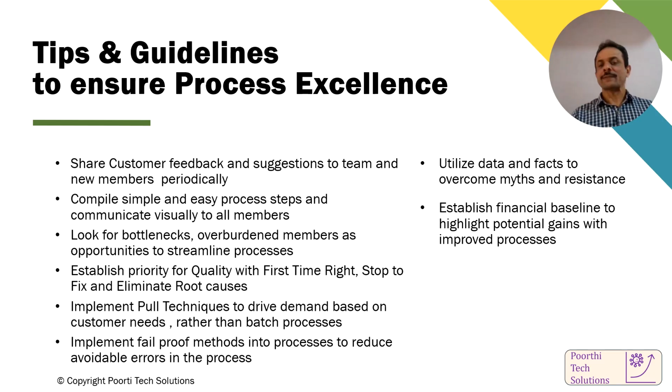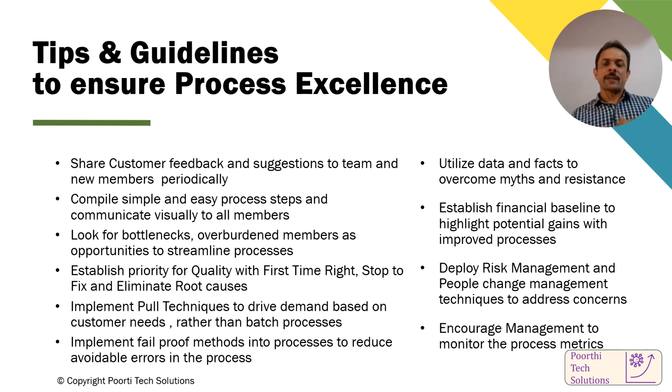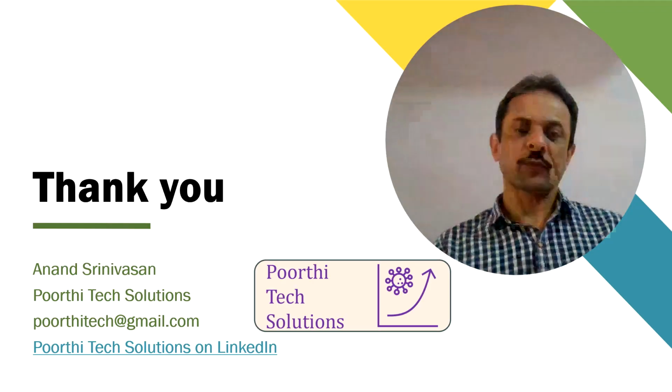Establish a financial baseline to highlight the potential gains, once we assign values to improved processes. Deploy risk management and people change management techniques to address concerns, and encourage the management to monitor the process metrics. So these are some additional tips and guidelines to ensure success in process excellence using the 5 steps method.